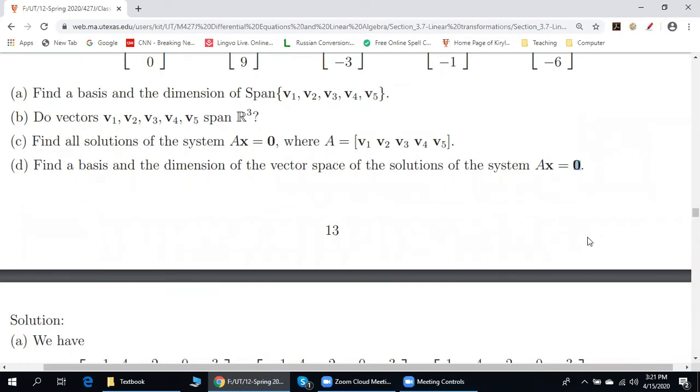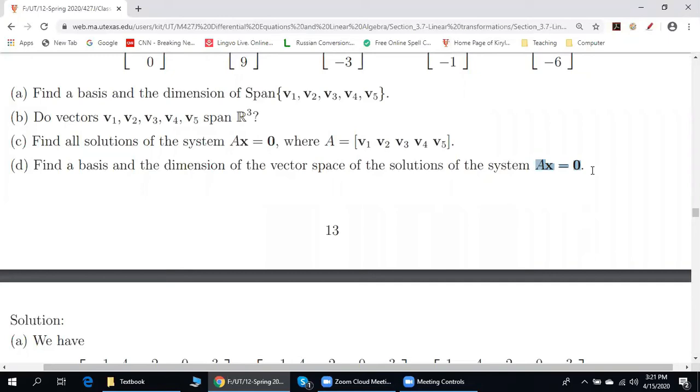Other questions? Wait, I just want to confirm the dimension of the solutions of the vector space is the number of... No, excuse me, not solutions of the vector space. Dimension of the vector space of solutions. In other words, let us find all solutions of this homogeneous system.